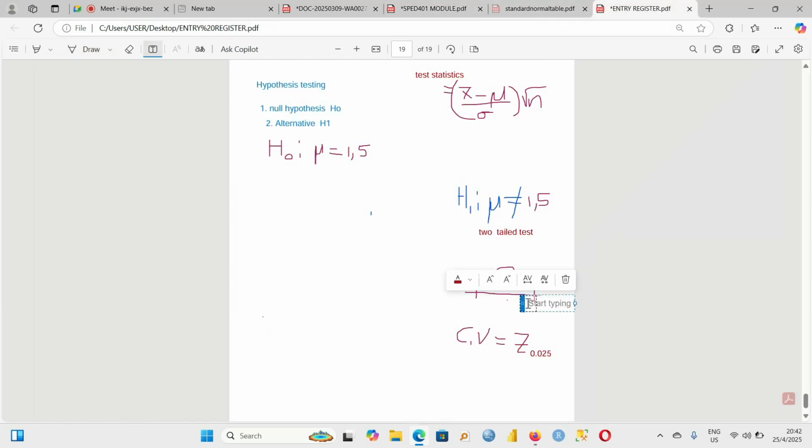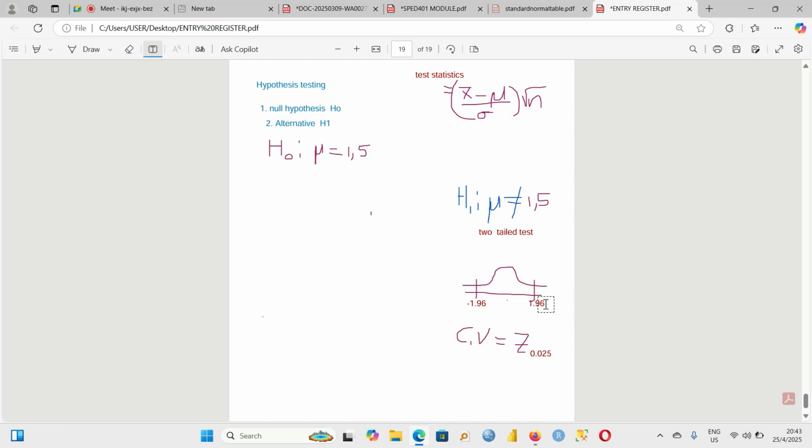So here it is positive 1.96 and here it is negative 1.96. These are our critical values.